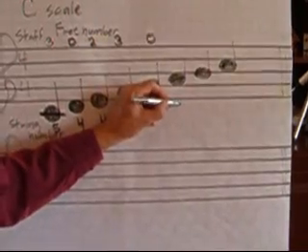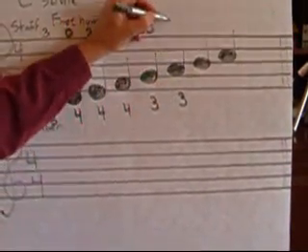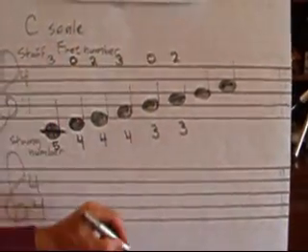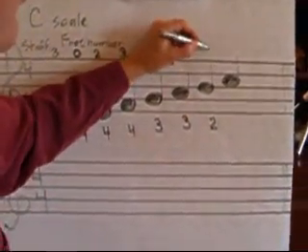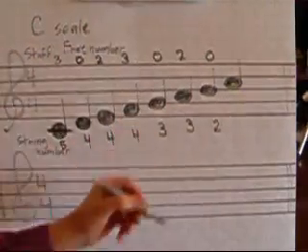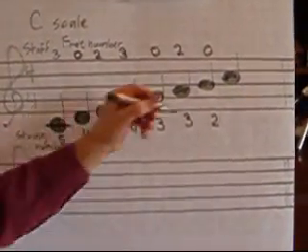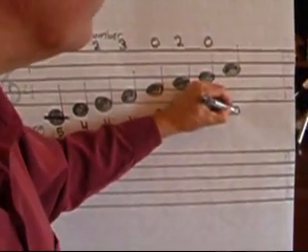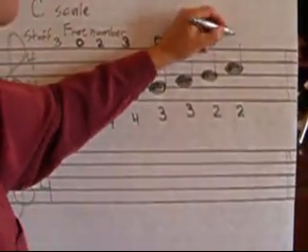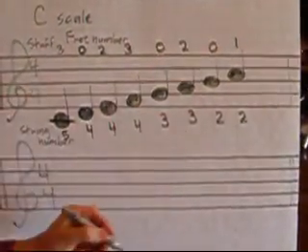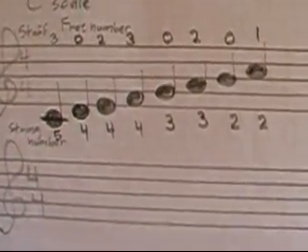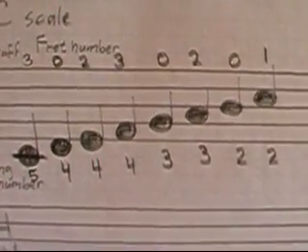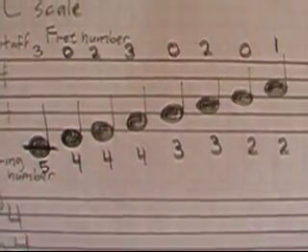The next note would be on the 3rd string, 2nd fret, 2nd string, open position, that's the 2nd string, no fret, and then the last note would be on the 2nd string, 1st fret. So what you have there, that is the essence of your first step of learning how to play the guitar.